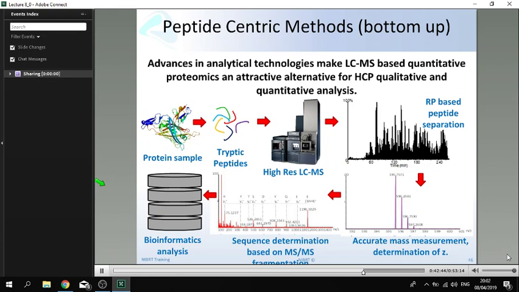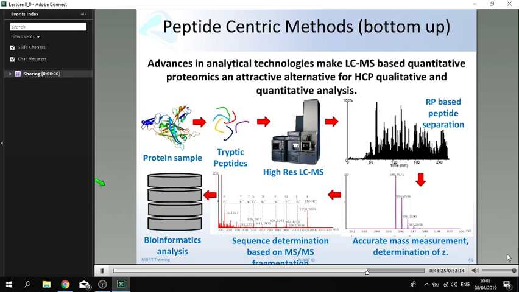So your protein sample is chopped up into peptides using an enzyme such as trypsin. Trypsin cuts peptide bonds in predictable ways, so from a protein we get short peptides. Those peptides can then be separated using HPLC, for example reverse phase HPLC, and then we can couple that with mass spec and get accurate mass measurement and determination of charge.